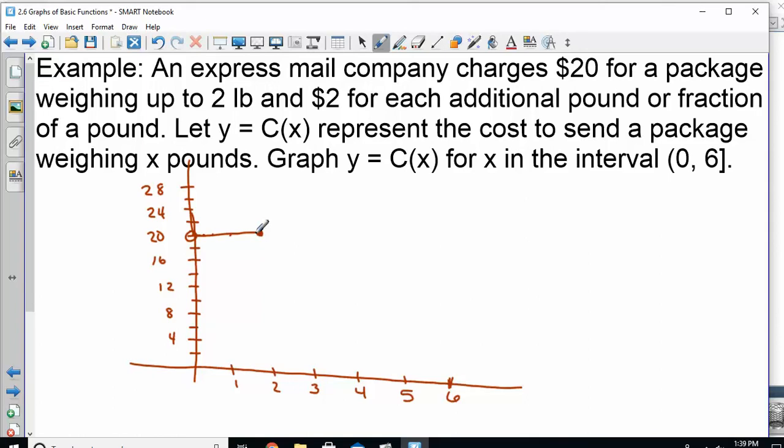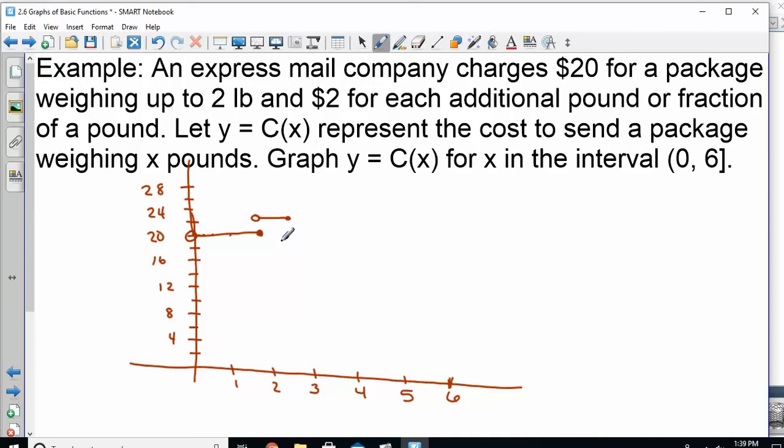So until I get to 3 pounds, it's still going to stay at that. So at 3 pounds, you're still paying 22. What kind of circle should this step start with? An open. Okay, because at the 2 pounds, you're still paying just 20, but as soon as you go past 2 pounds, now you're up to 22.